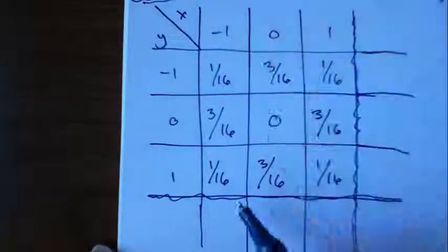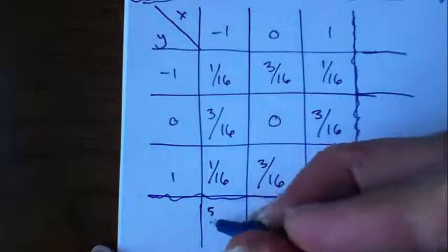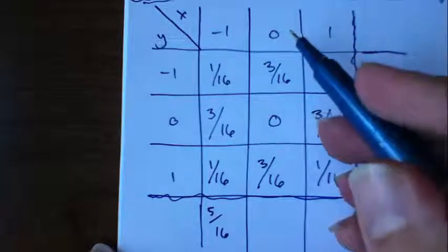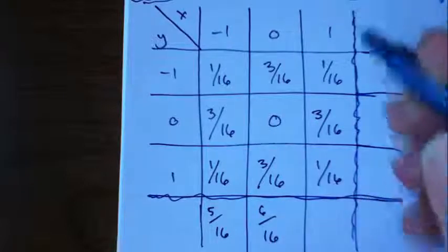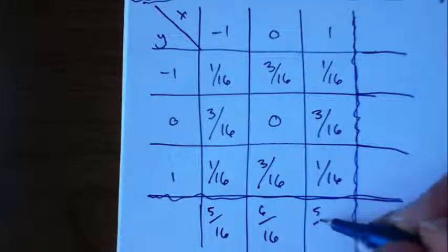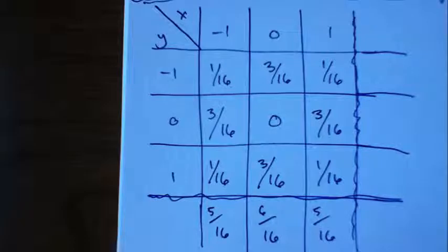What's the chance that X takes on the value of -1? It's 5/16, right? The chance that X takes on the value of 0 is 6/16, and X will take on the value of 1 with probability 5/16.